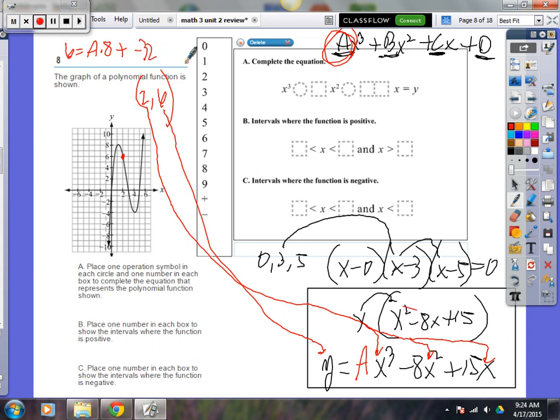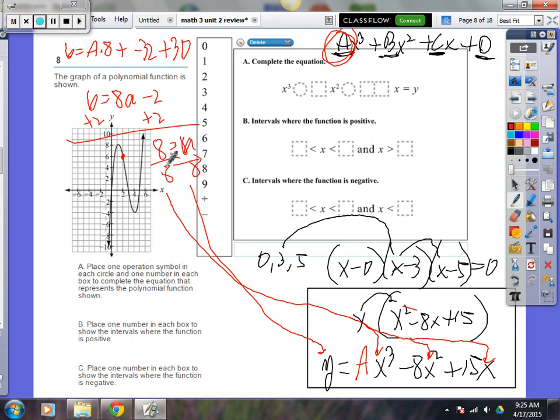And 2 times 15 is 30, so that's a plus 30. So add these like terms. A 30 and a -32 is going to be -2. So 6 equals 8a minus 2. So plus 2, plus 2. So 8 equals 8a, divide by 8, divide by 8. So A happens to be 1.